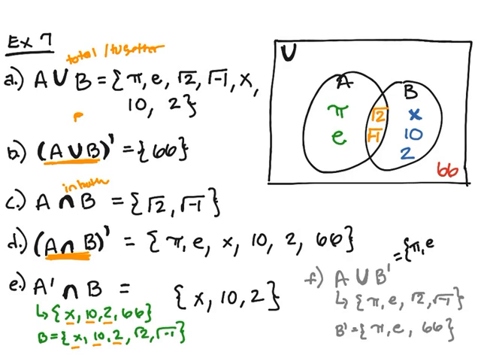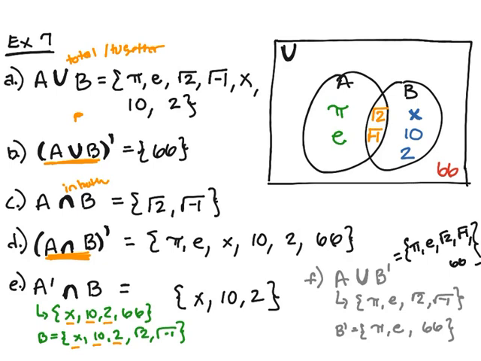Pi, E. Would I not include the square root of 2 and the square root of negative 1 and 66? Why? It might not be in the B complement, but it is in the A. Does that make sense?